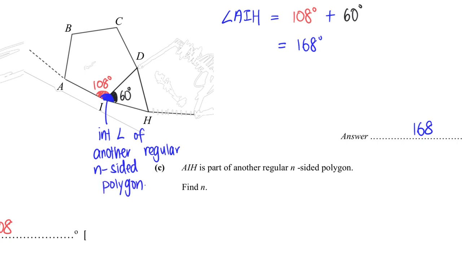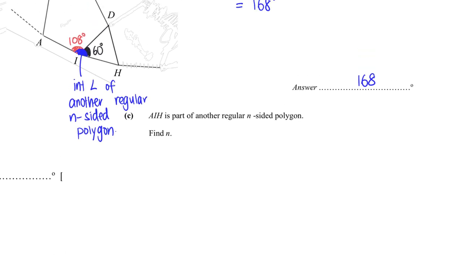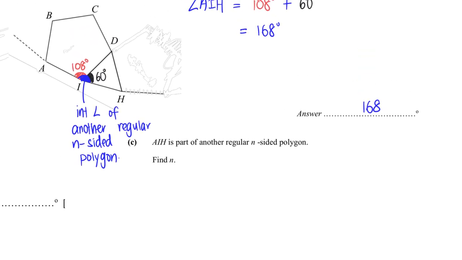Since we already know the interior angle as 168 degrees, to solve for part C, I will just make use of the exterior angle, where exterior angle and interior angle add up to 180 degrees.